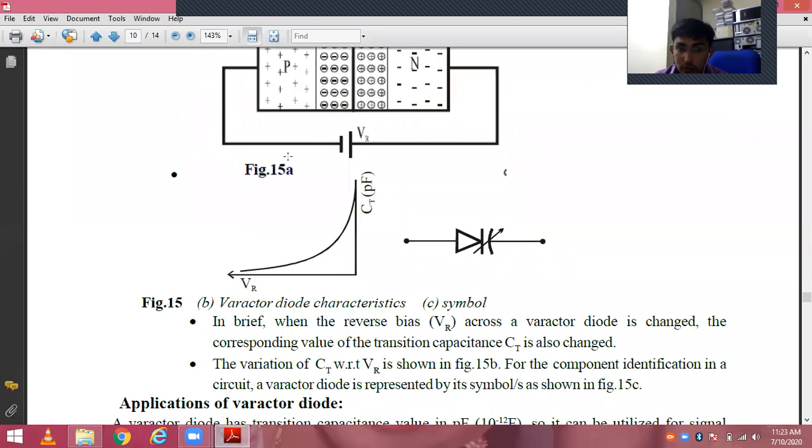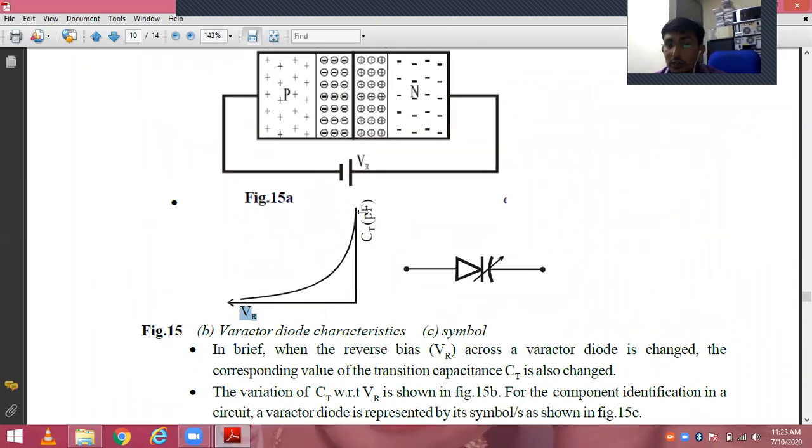One graph is shown here, between reverse bias and transition capacitance. As shown in the graph, as the reverse bias of the Varactor diode changes, the corresponding value of the transition capacitance also changes.